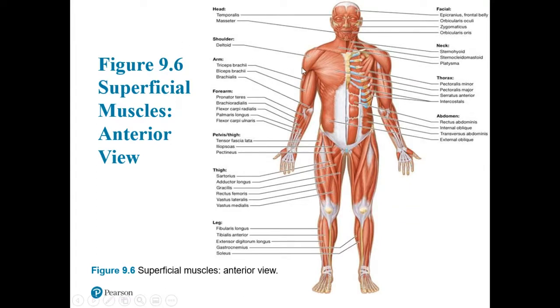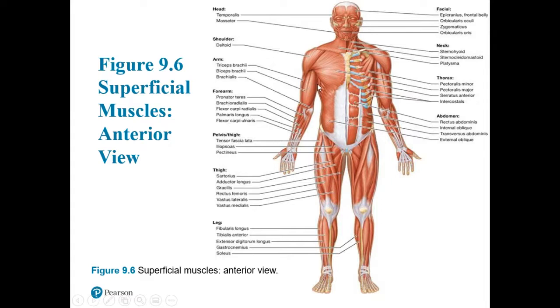I talked about the deltoid. Moving down to the arm, the upper limb, we have the triceps brachii, biceps brachii, and brachialis. I've already described all of these throughout the summer session, but real quick, the triceps is located posterior to the upper arm.